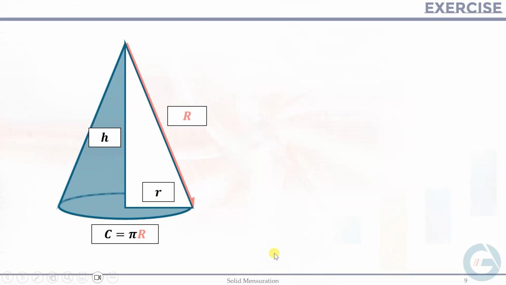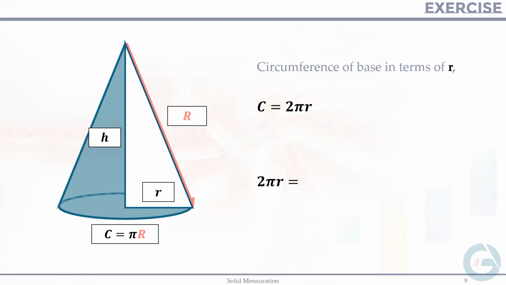We can also find the circumference of the base using that lowercase r, C equals 2 pi r. This 2 pi r, with the lowercase r, is equivalent to pi R. We can equate both equations and cancel out the pi, giving the relationship of lowercase r to uppercase R. Again, take note, R is the original radius of the piece of paper. So r equals R divided by 2.